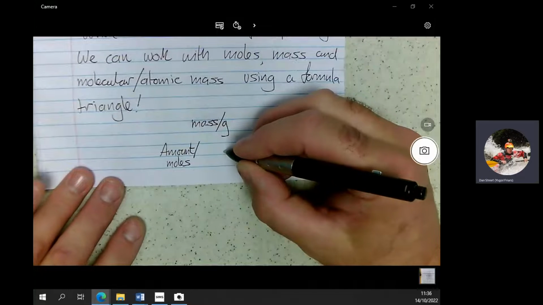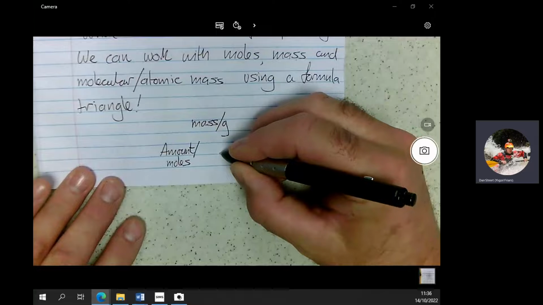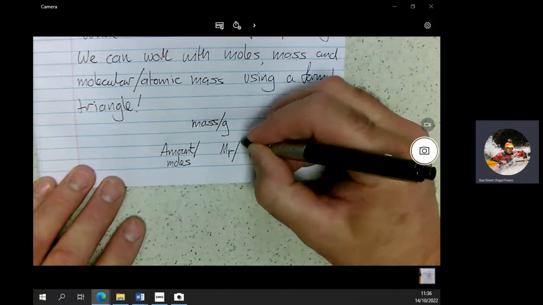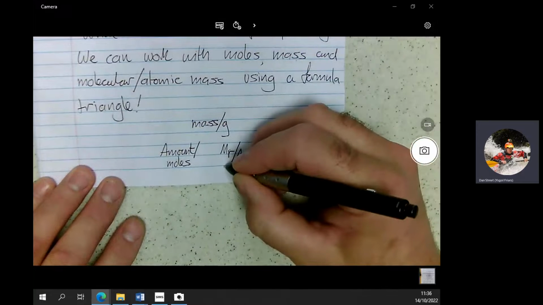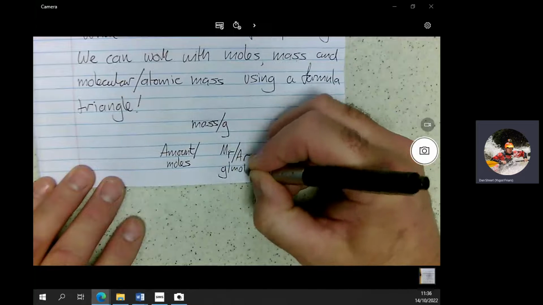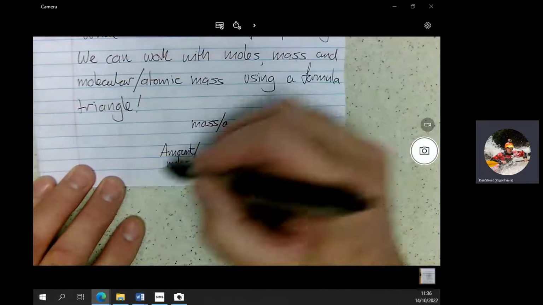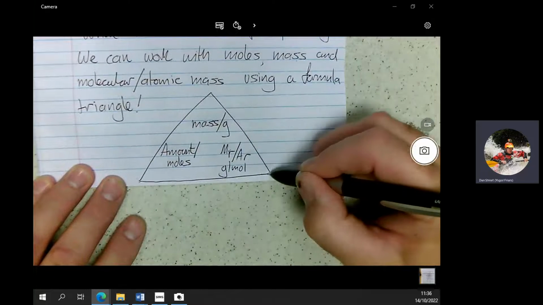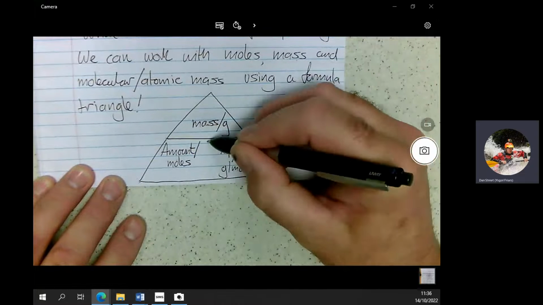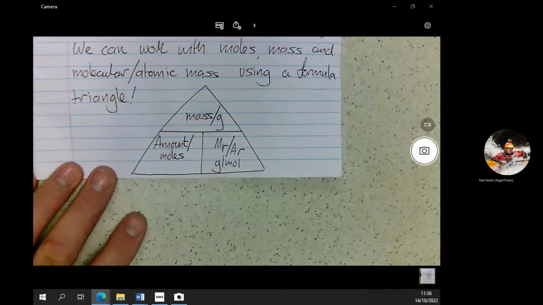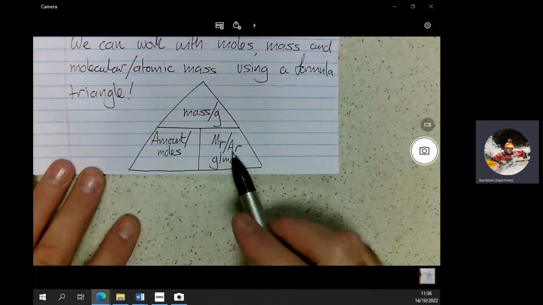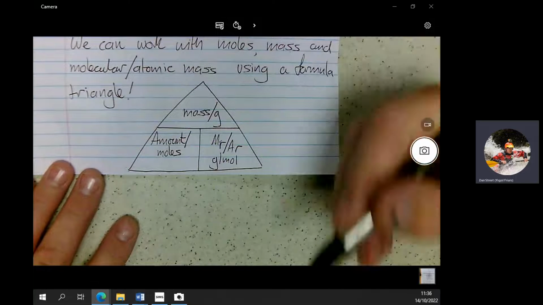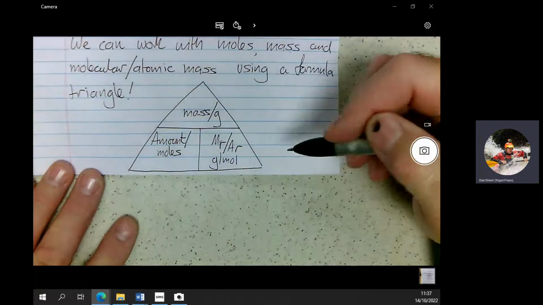And then the AR or MR, which is in grams per mole. Sadly, I've not planned that very well because we need to draw a triangle around it. We need to draw this across here and that down there. These are three values that are interchangeable mathematically. We can do simple calculations with them.